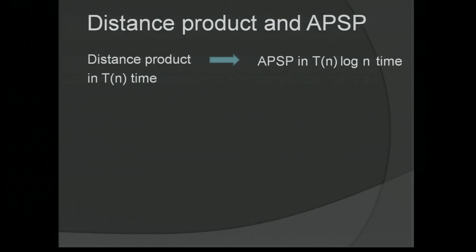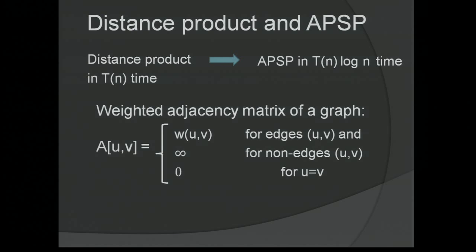So you can also go in the other direction in the following way. Okay, so you make some observations. The first thing is I'm just going to take my graph and I'll create a matrix out of it as usual. And the way you do it, you put an infinity when there's no edge between u and v, you put 0 when u equals v, and the weight of the edge otherwise. And now we do successive squaring.